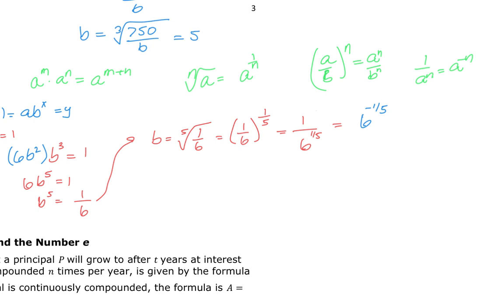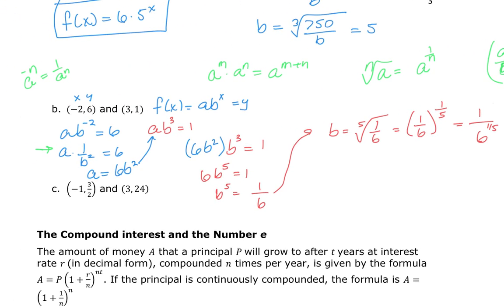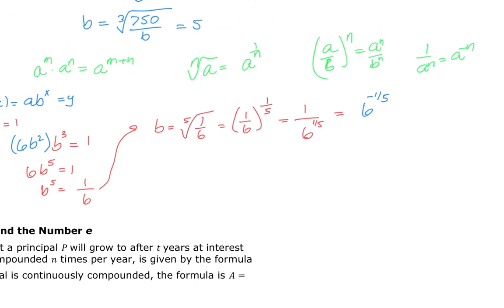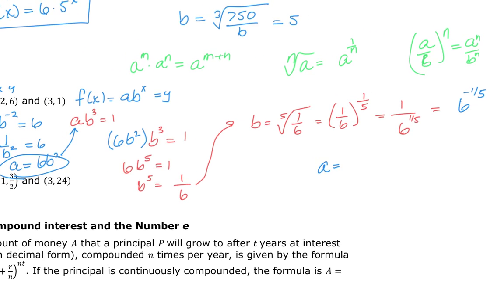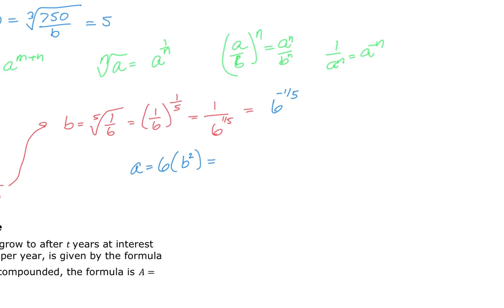Once I find my b, I can put that back into my a. So a is equal to 6 times b squared, which in this case happens to be 6 multiplied by 6 raised to the 1/5 squared.